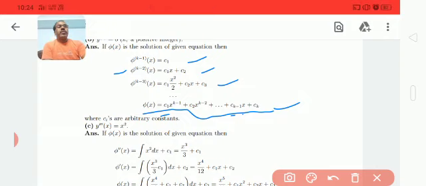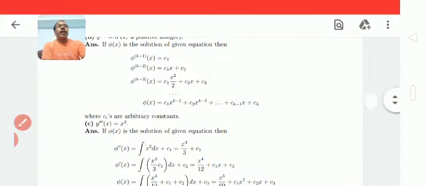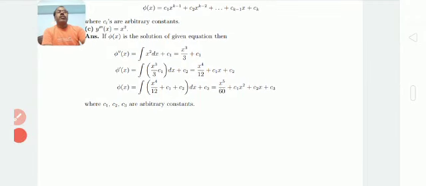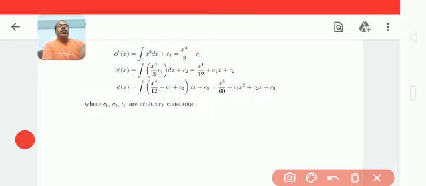Now the third differential equation, here we find its solution as third derivative of y is equal to x square. So again the function phi will be a solution of this differential equation if the given differential equation is satisfied by that function phi of x.